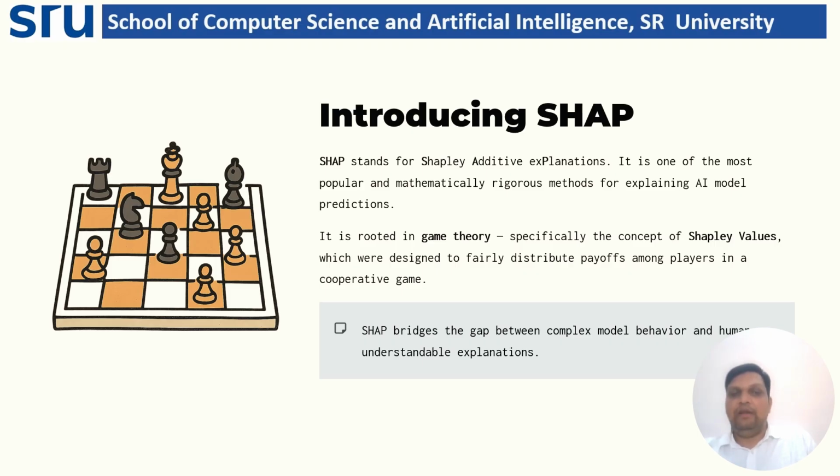It is rooted in game theory, specifically the concept of Shapley values, which were designed to fairly distribute payoff among players in a cooperative game. SHAP bridges the gap between complex model behavior and human-understandable explanation.